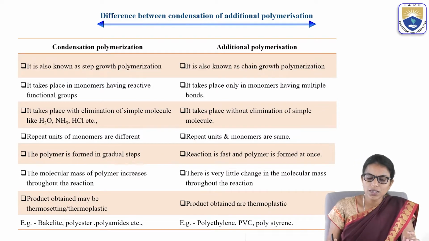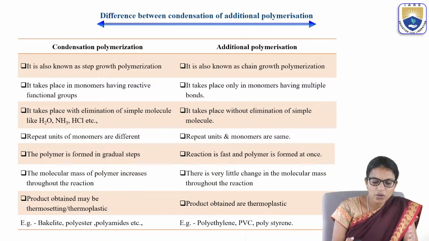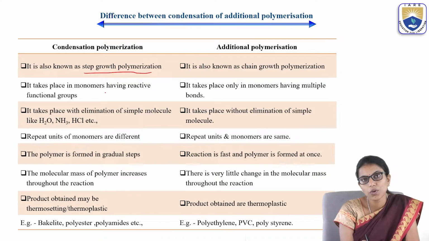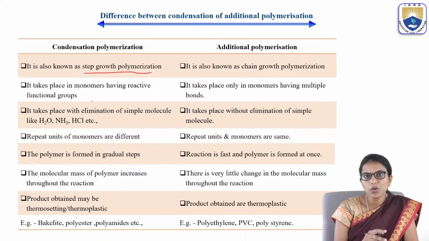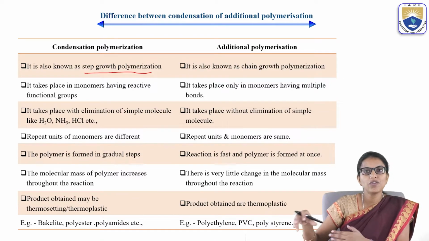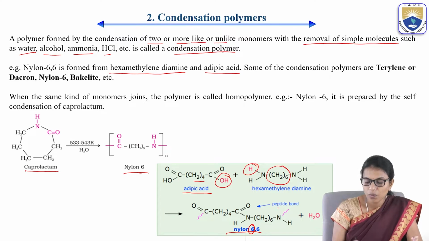There are some differences between condensation and addition polymers. Many of the things I have already said earlier. For example, condensation is a step growth polymerization. We take an A type and a B type molecule, which together form AB. Here, for example, adipic acid and hexamethylene diamine condense together into one molecule.